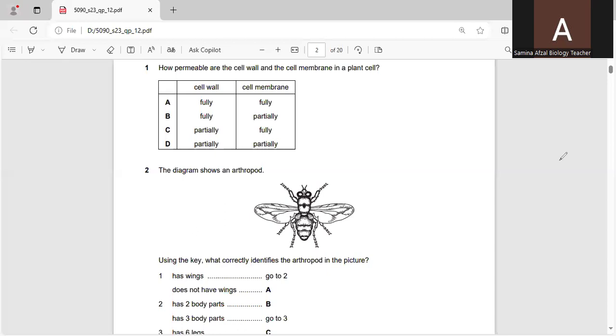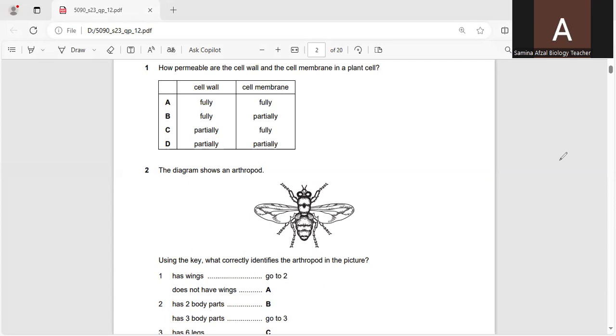How permeable are the cell wall and the cell membrane in a plant cell? Students, the cell wall is only present in plants and the cell membrane is present in both animal cells and plant cells. But here we are going to discuss whether the cell membrane is fully permeable or partially permeable.